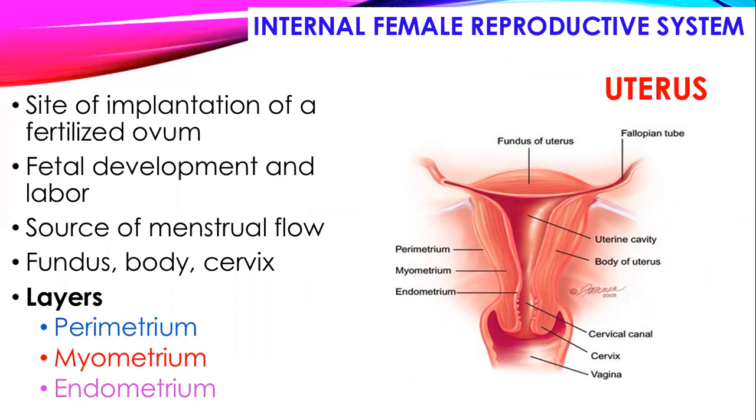After childbirth, the uterus is usually larger, then regresses after menopause. The uterus is lined with endometrium in the inner wall. Then the middle part of the uterine wall is called the myometrium, and the external wall of the uterus is called the perimetrium.